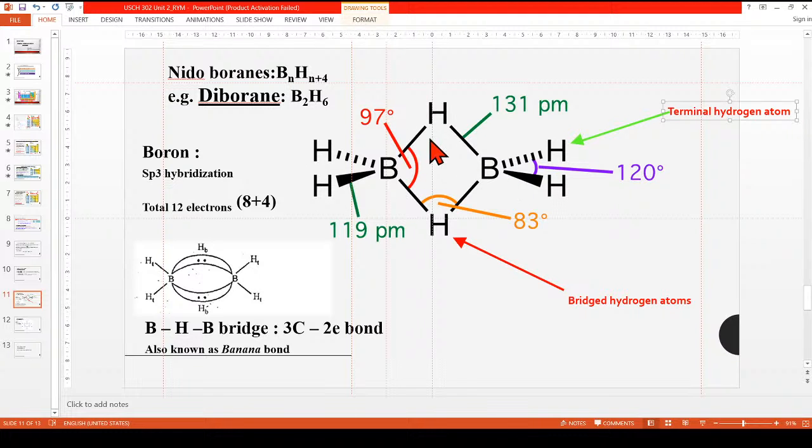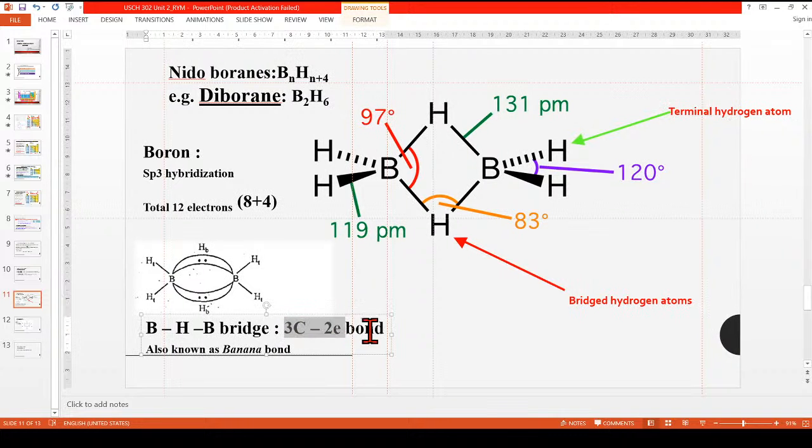Here, one boron has bonded with how many hydrogens? This is 1, this is 2. But if I look at boron hydrogen boron, then these three centers are there, but only two electrons are involved in this. And therefore this bond is called three centered two electron bond.